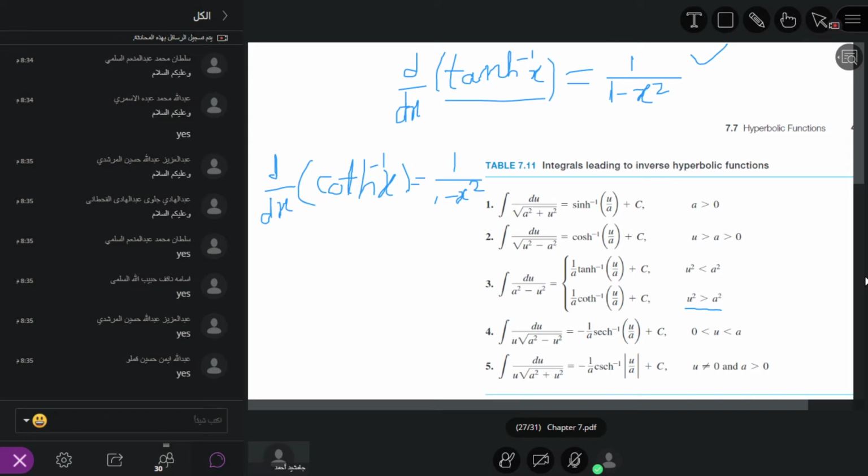We have just the change in the condition. If x square is less than 1, then it is tan hyperbolic inverse x. If x square is greater than 1, then it is cotangent hyperbolic inverse x.